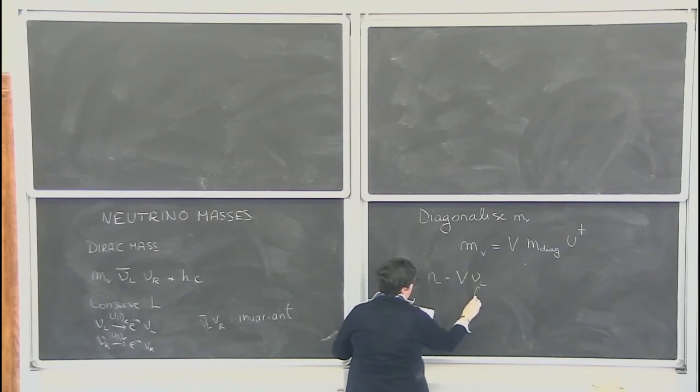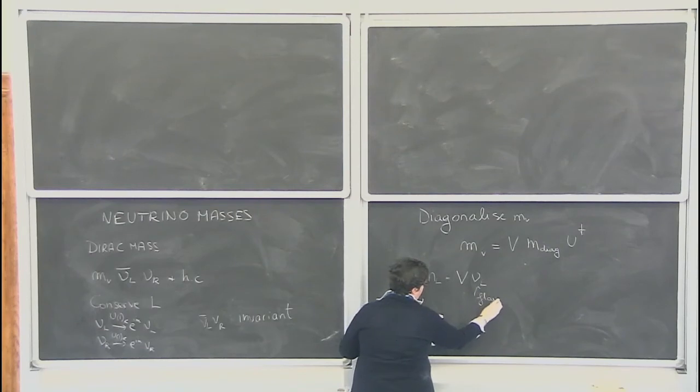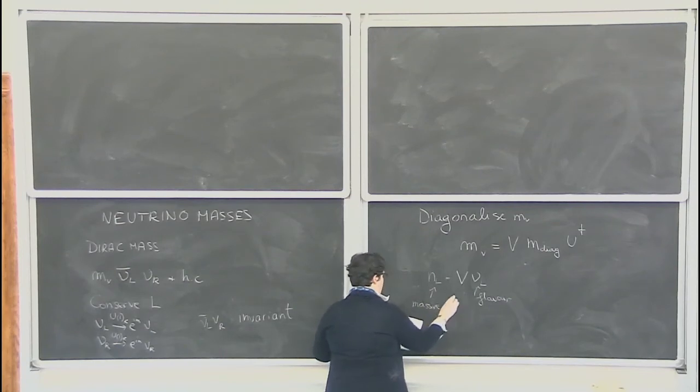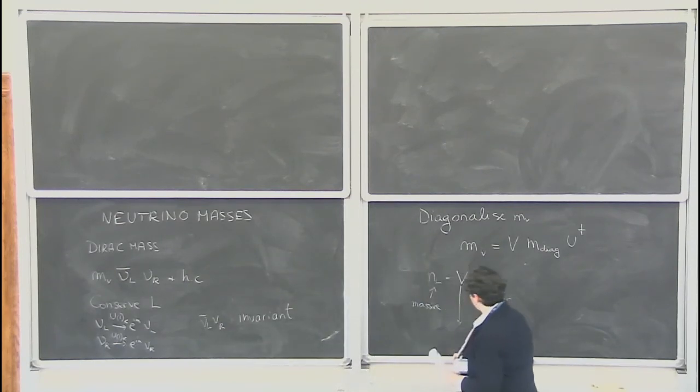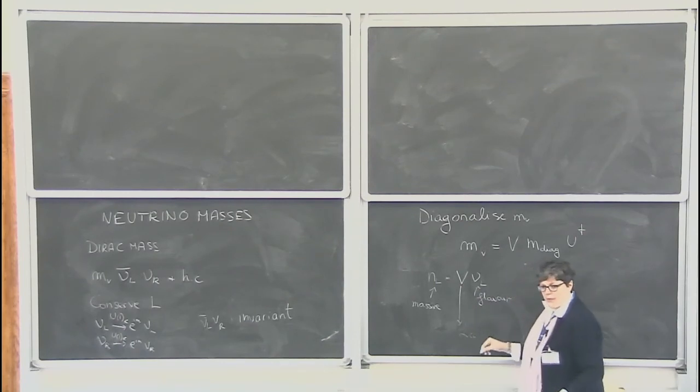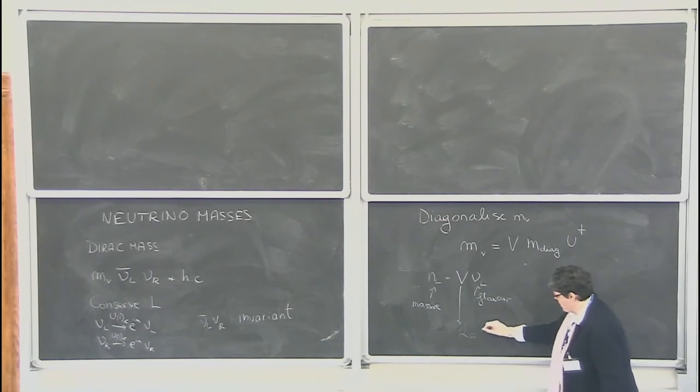So these are the flavor fields, and these are the massive fields. And therefore, this will enter into the charge current Lagrangian, and from there into neutrino oscillations.